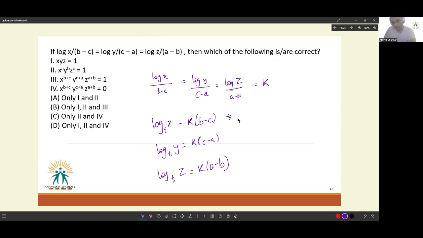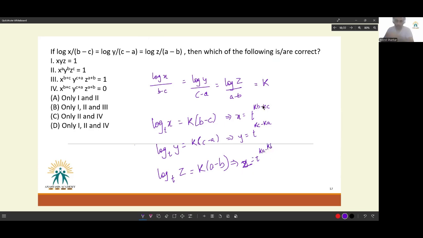This gives me x is equal to t raised to the power kb minus kc. This gives me y is equal to t raised to the power kc minus ka. And this gives me z is equal to t raised to the power ka minus kb.